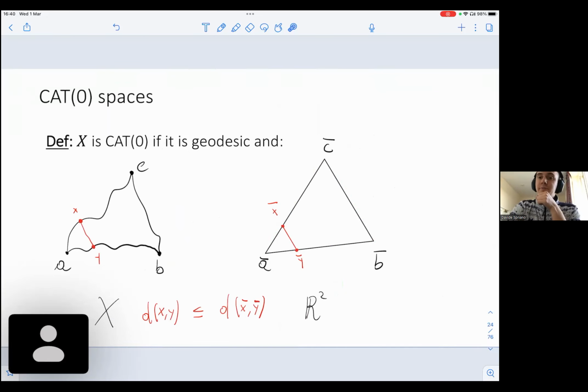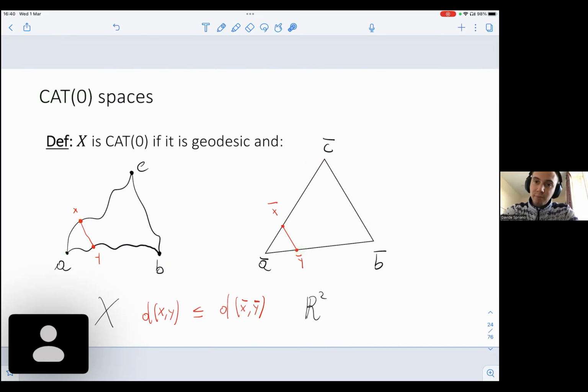Okay, now the condition is the following. If I take any 2 points, X and Y, somewhere on the triangle in the Cat0 space, and I take the corresponding 2 points, so what would that mean? This would mean the point X bar such that the distance between X bar and A bar is the same as the distance between X and A. And similarly, you define Y bar.